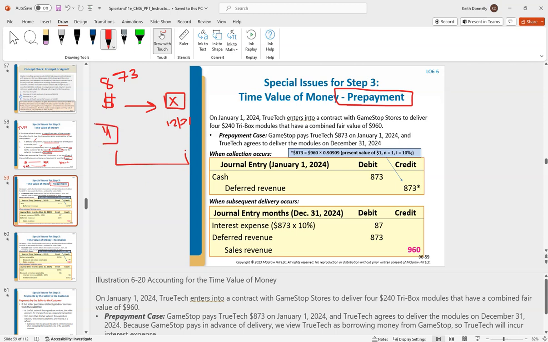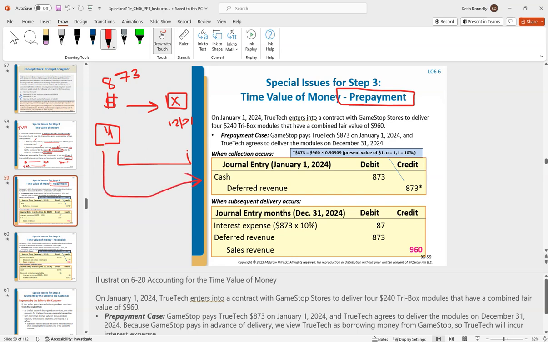Well, on 1/1, we're going to do this journal entry: debit cash 873, credit deferred revenue 873. We didn't earn it yet; we didn't give them the Xboxes. How do we then deal with the 12/31 journal entry? Because this is a year, we factor in the time value of money.